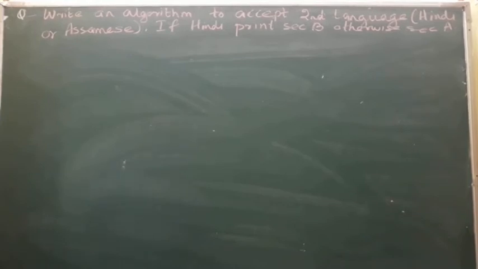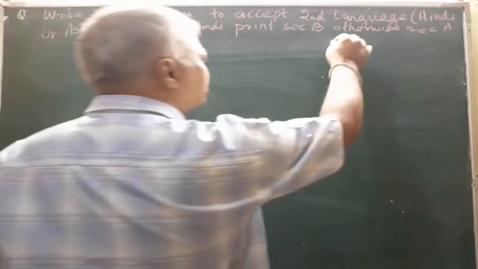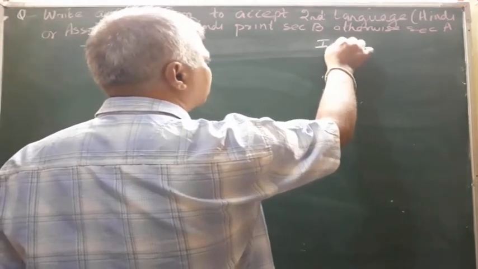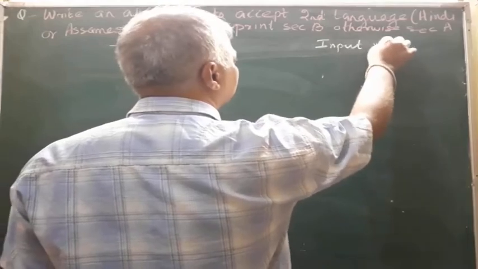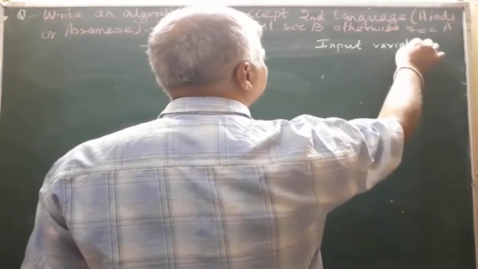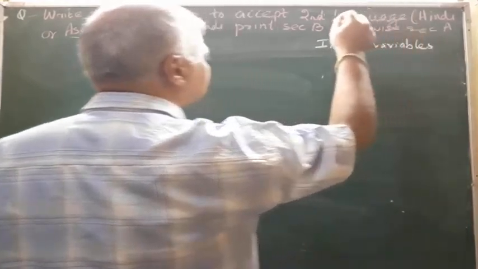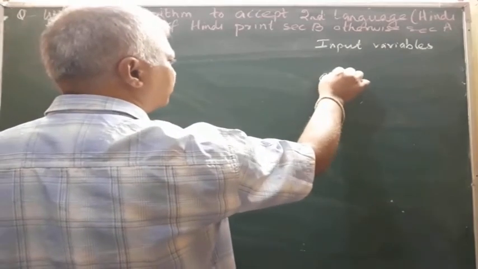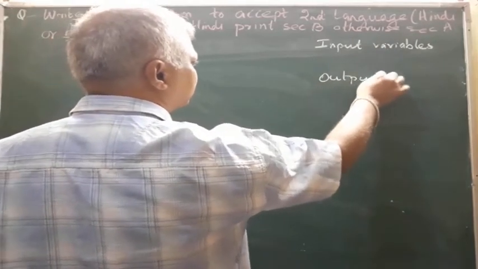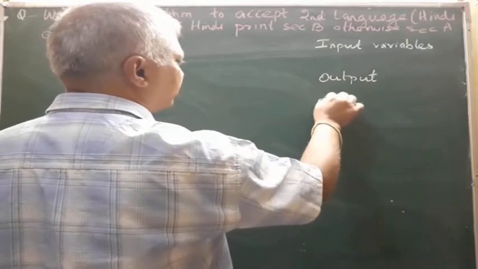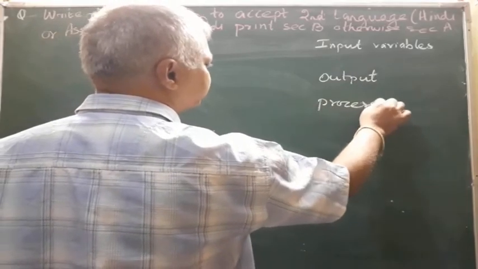We will write an algorithm to accept second language, that is Hindi or Assamese. If Hindi, print section B, otherwise section A. So again the same, we will think of the input variables, then the output, then the processing logic.